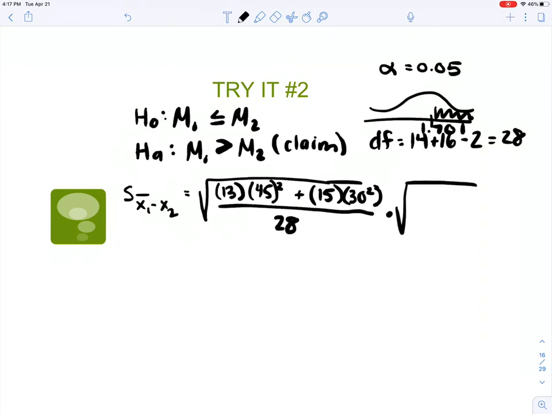And I have to multiply that by 1 over N1 plus 1 over N2. So plug that all into your calculator.